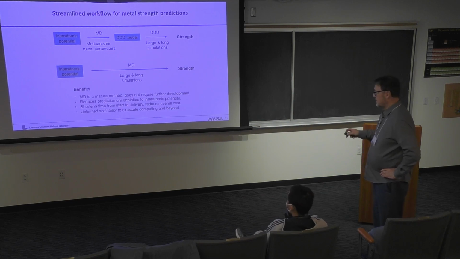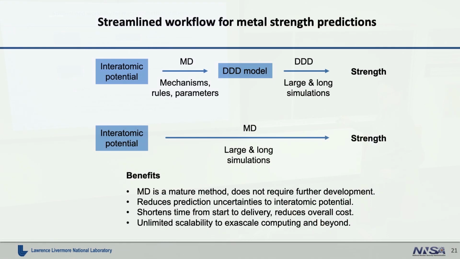And again, there are some benefits of just jumping over this stage, right? So it is a mature method, MD. We pray to LAMMPS. LAMMPS is giving you the infrastructure and essentially almost a language of atomistic simulations. And it doesn't require much further development.